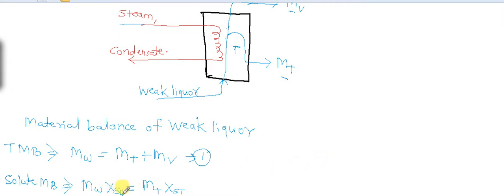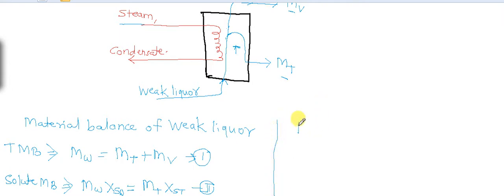So XSW means fraction of solute in weak liquor, XST means fraction of solute in thick liquor. Okay, so we get these two mass balance equations with respect to weak liquor.